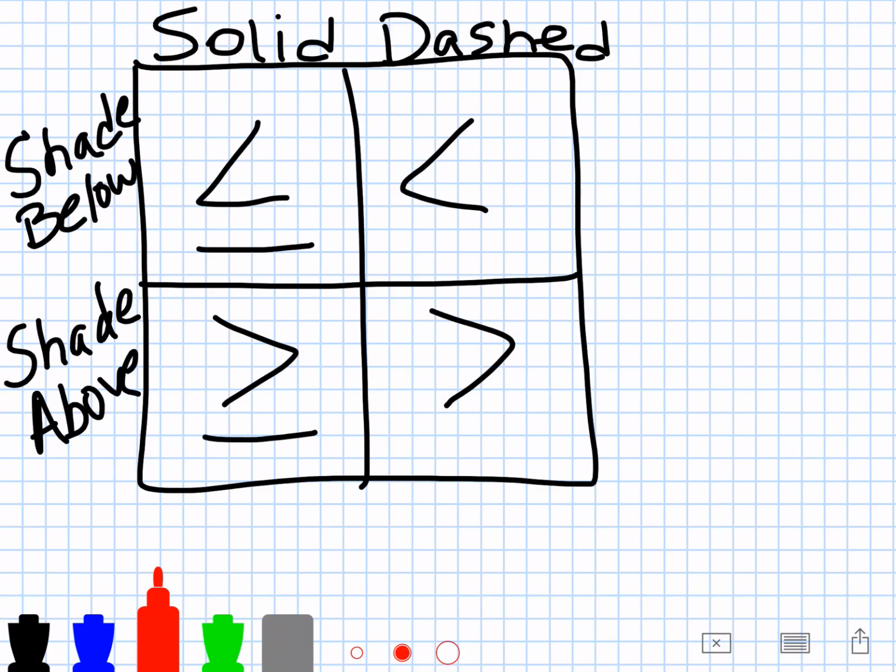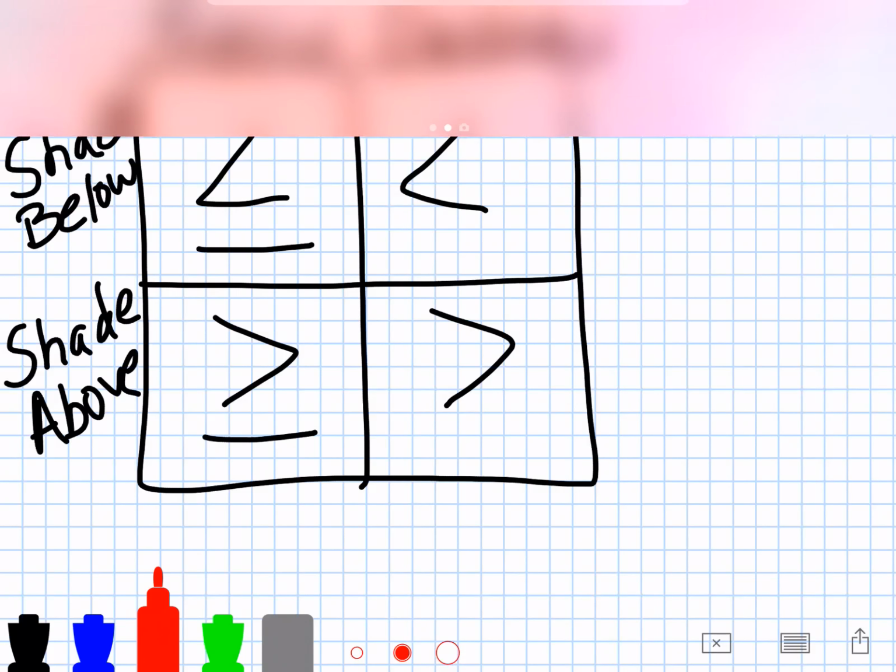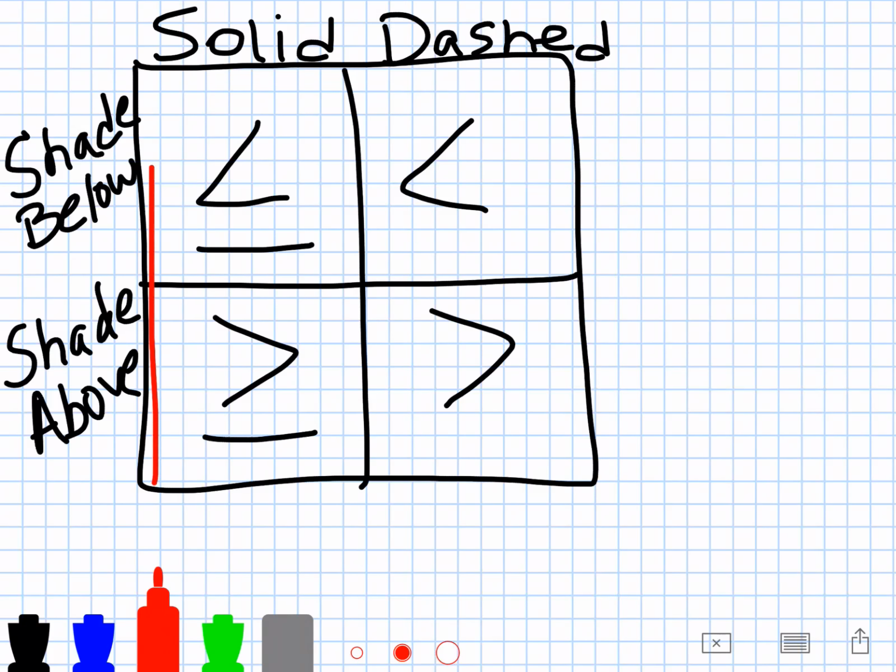So if you're going to be using a solid line, your inequality symbol is going to be less than or equal to, or greater than or equal to. This or equal to sign in less than or equal to, or in greater than or equal to, determines that you're going to be using a solid line whenever you graph it.